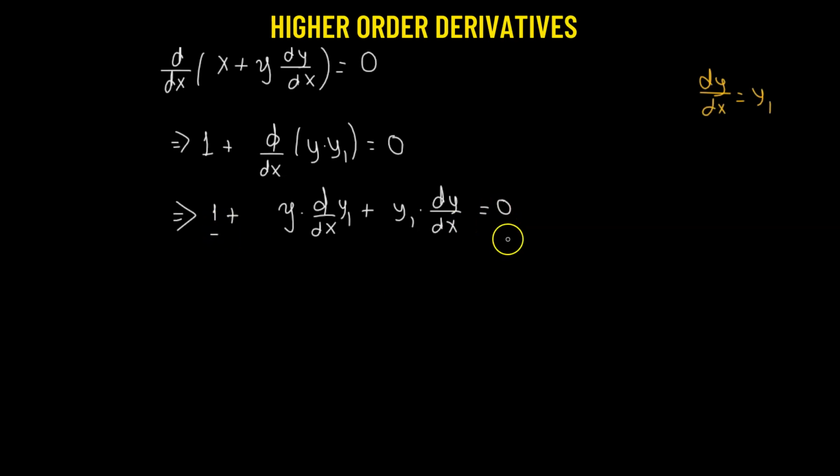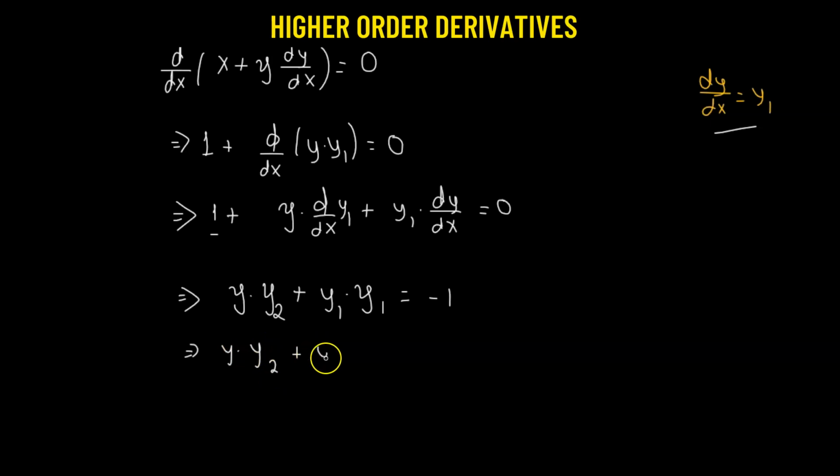Now we'll transpose 1 to the right hand side, and we have y times the derivative of y1, which is the derivative of the first derivative, giving the second derivative, plus y1 multiplied by the derivative of y with respect to x, which is the first derivative in notation form, equals negative 1. Fine. Now we have y times y2 plus y1 squared.